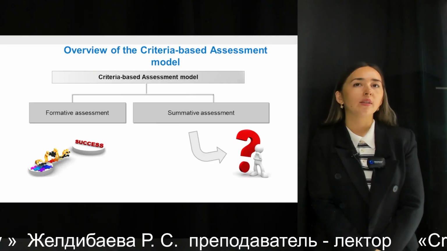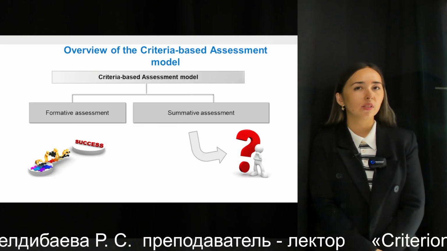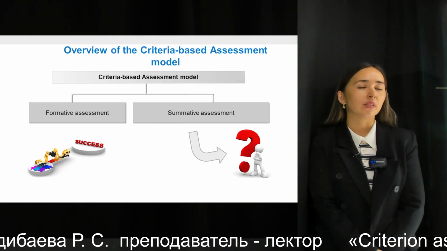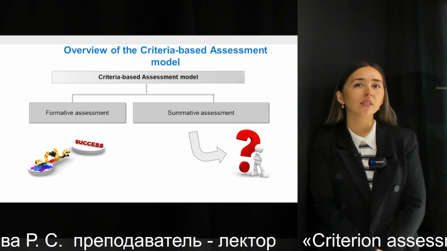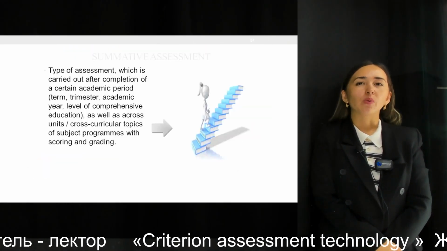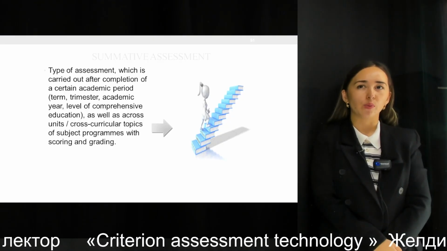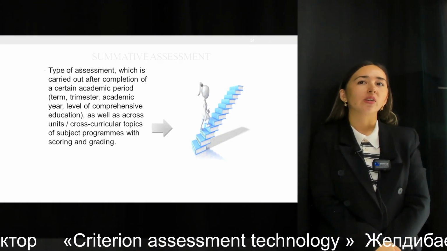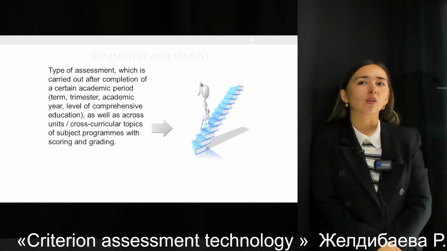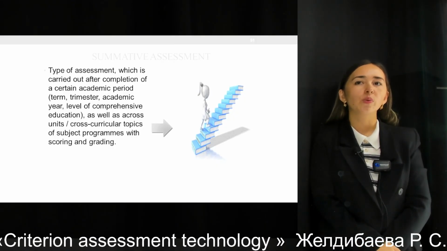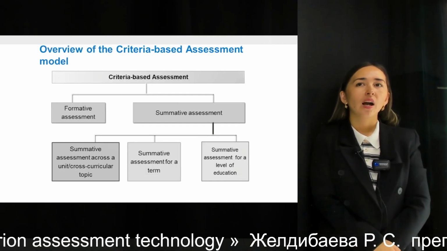Overview of the criteria-based assessment model. As we have mentioned before in our previous lectures, criteria-based assessment includes 2 models: formative assessment and summative assessment. Summative assessment is carried out after completion of a certain academic period, term, trimester, academic year, or level of comprehensive education, as well as across units, cross-cultural topics, or subject programs with scoring and grading.